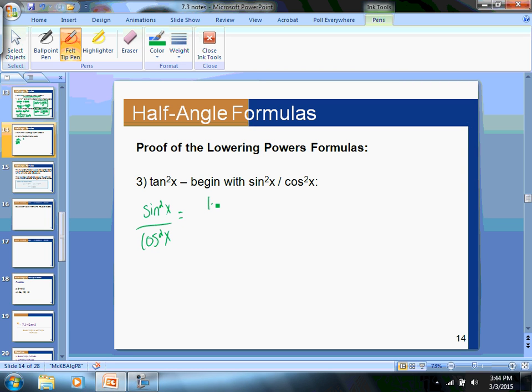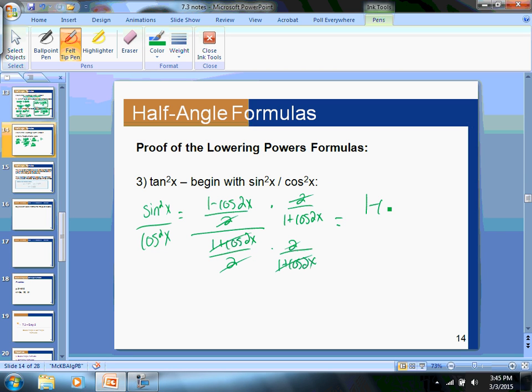So I'll have 1 minus cosine 2x over 2 all over 1 plus cosine 2x over 2. Now I can't have a fraction and a fraction, so I have to multiply by my reciprocal. Okay. So the stuff in the denominator here, it's all going to cancel. The 2's will cancel up here. And I end up with 1 minus cosine 2x over 1 plus cosine 2x.